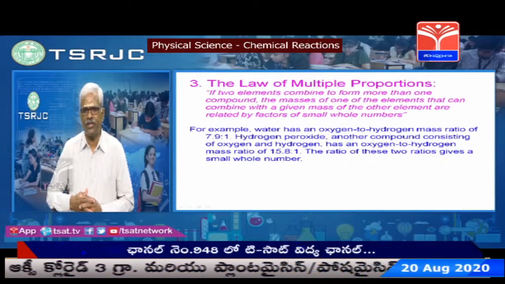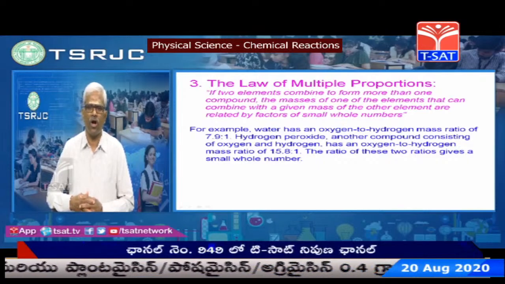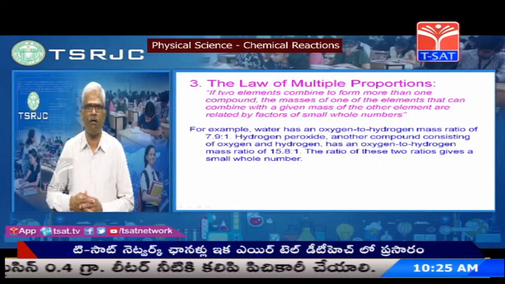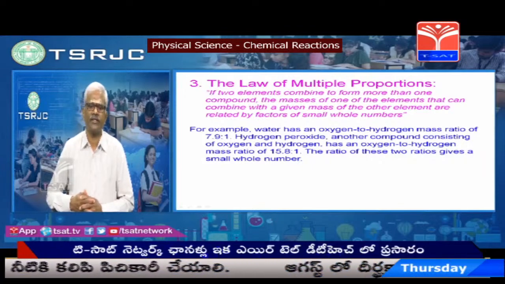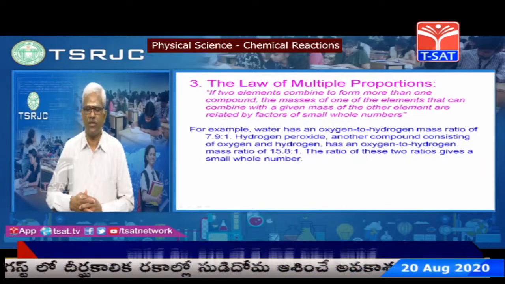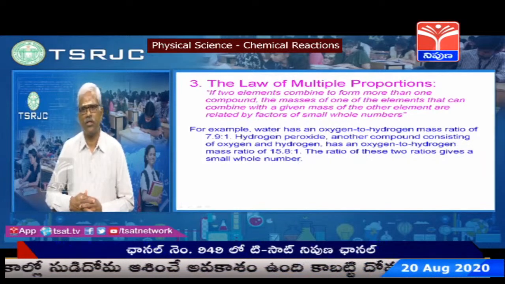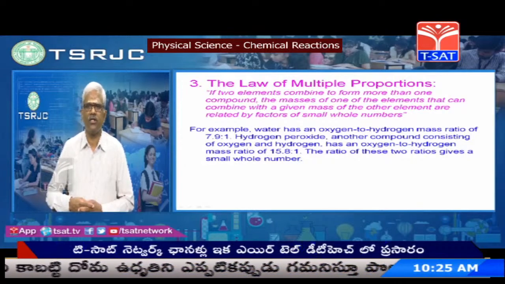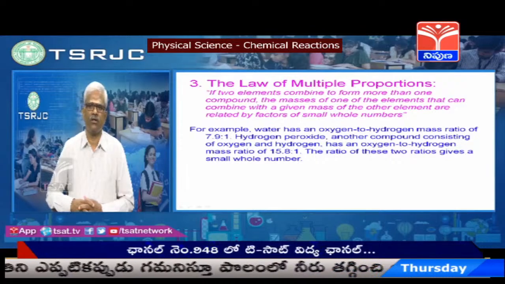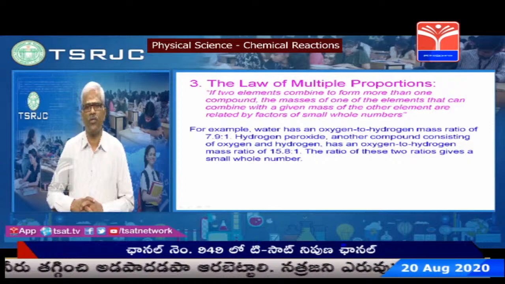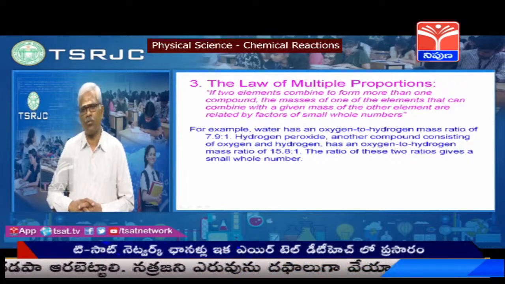So, if we measure the ratio of masses of carbon and oxygen in carbon dioxide and carbon monoxide, they will not be the same. The ratio of oxygen required to form carbon dioxide is different from that required to form carbon monoxide.